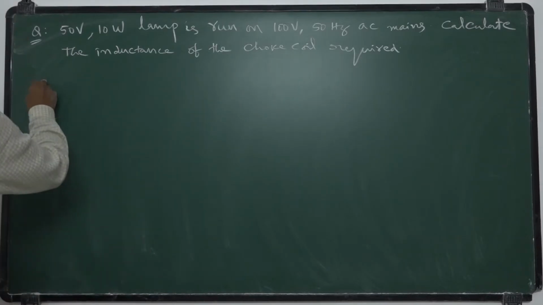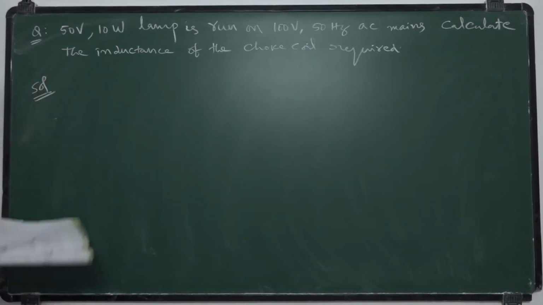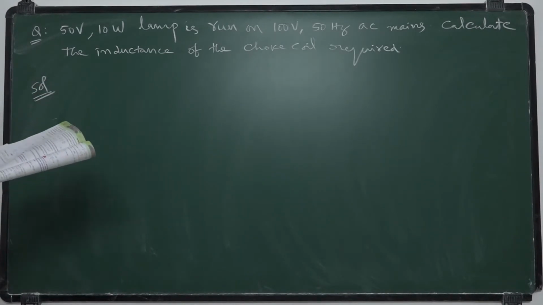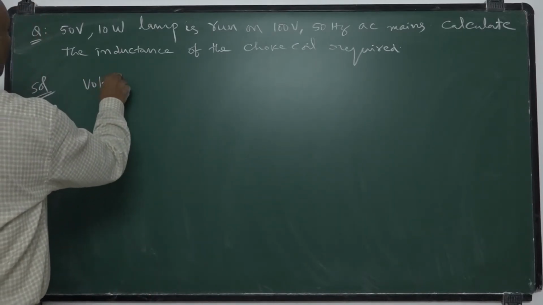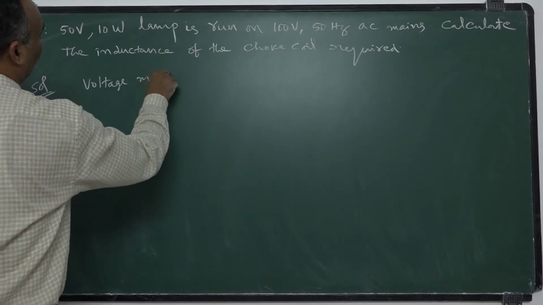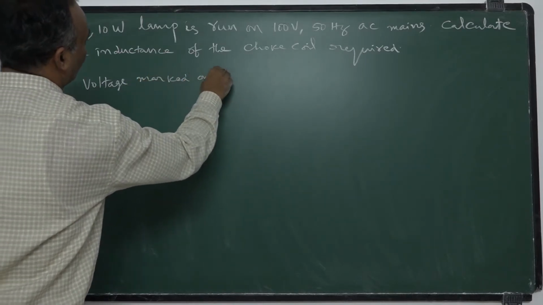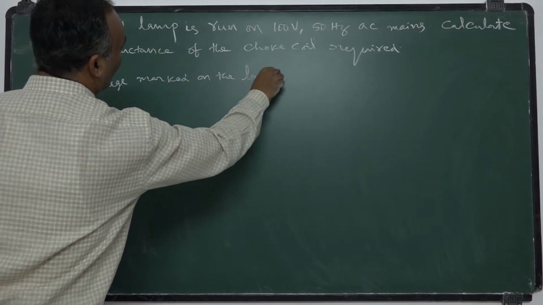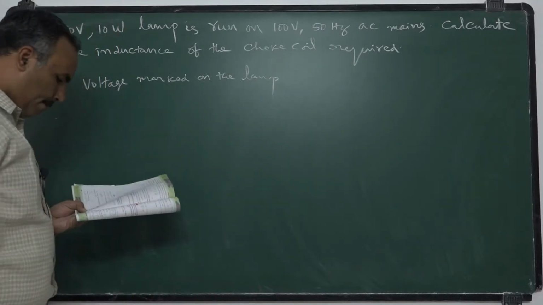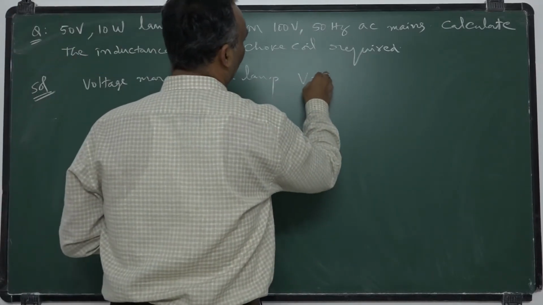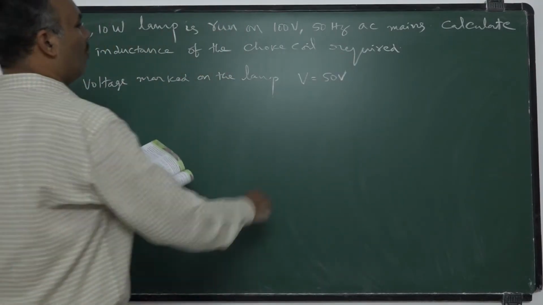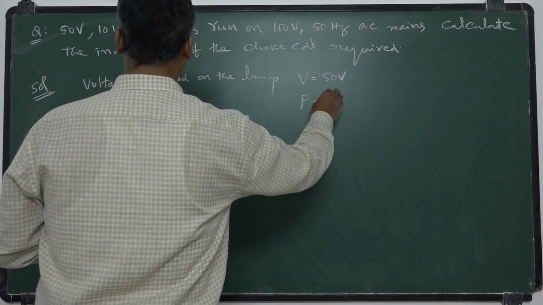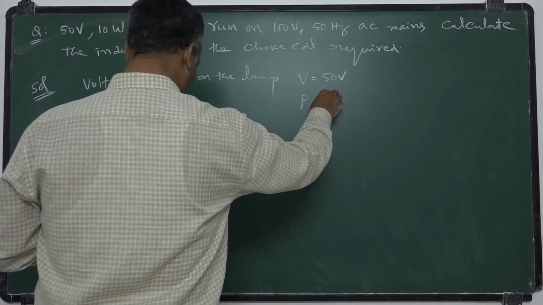This is the question. The solution is simple. The voltage marked on the lamp V is equal to 50 volts. The power marked on the lamp is 10 watt.